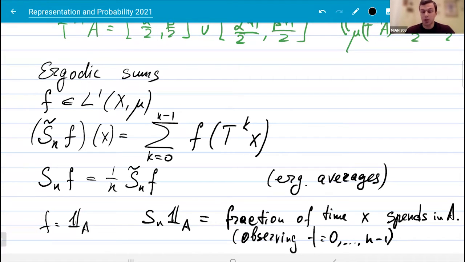This was his question, and so he said that it is natural to believe that there is this averaging, so that these fractions, these averages, stabilize when n tends to infinity.